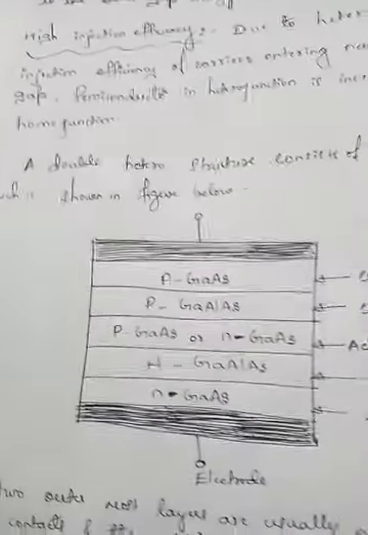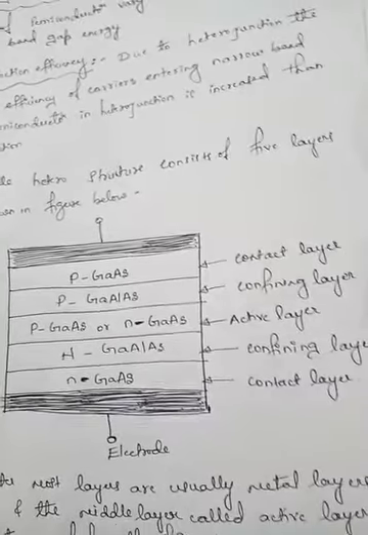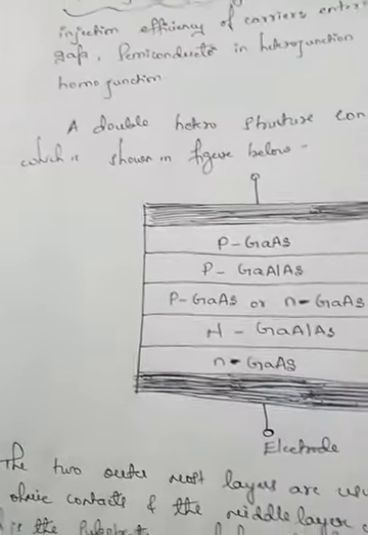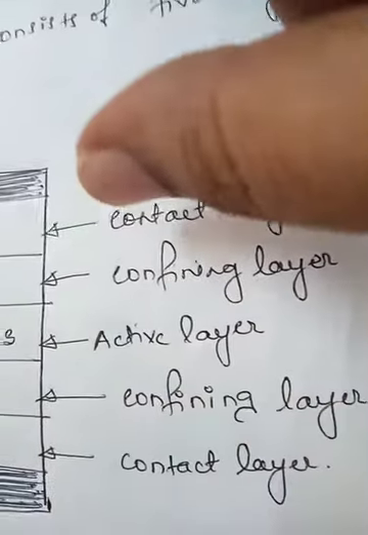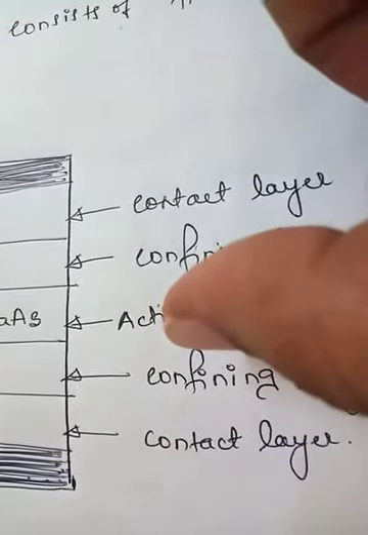So a double hetero structure consists of 5 layers, which is shown in the figure below. So it has got 5 junction layers. These are the electrodes: the contact layer, confining layer, active layer, confining layer and the contact layer.